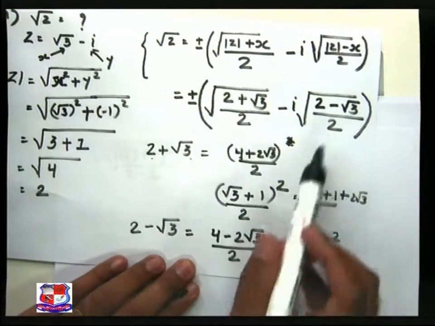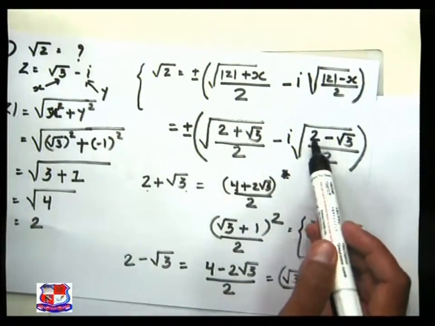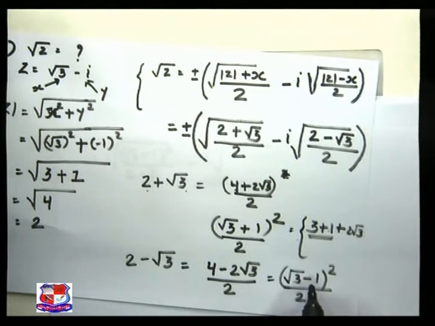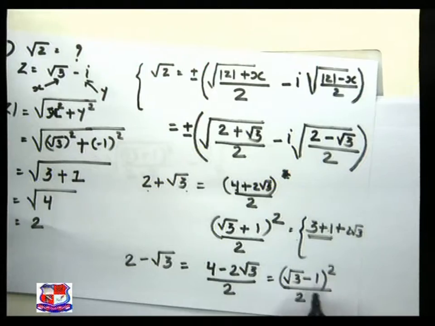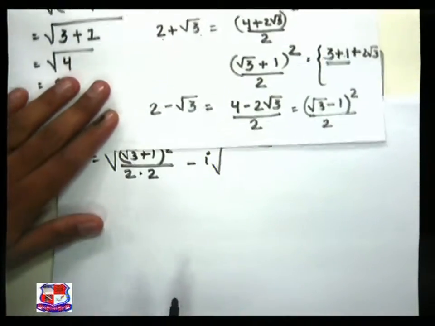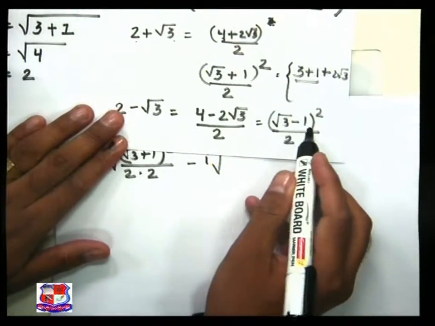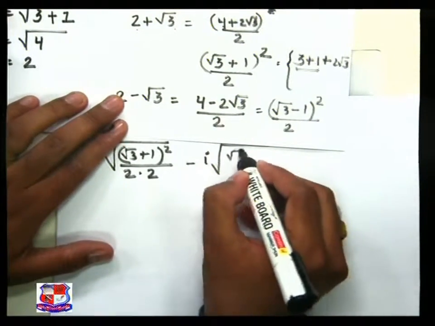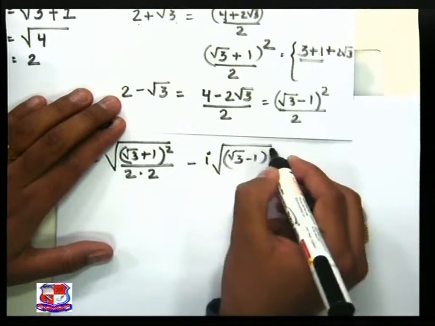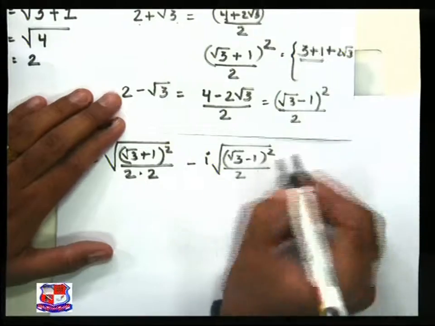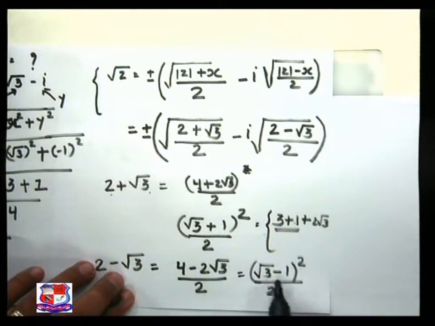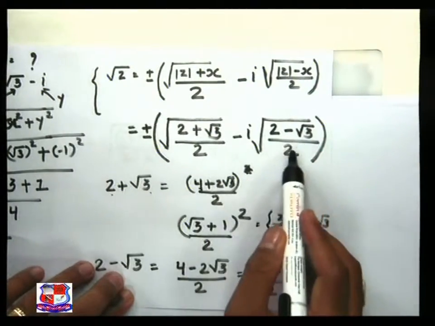So now we replace this 2 minus under root 3 value with the equivalent (under root 3 minus 1) square divided by 2. So this term is replaced by this term, but here again divide by 2.